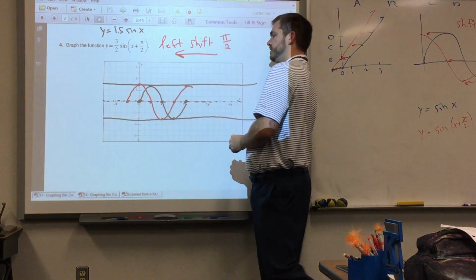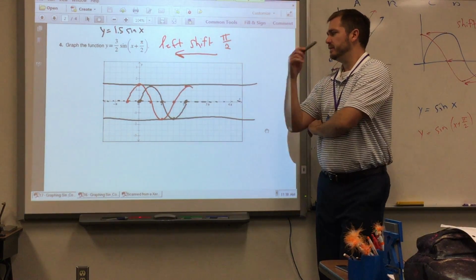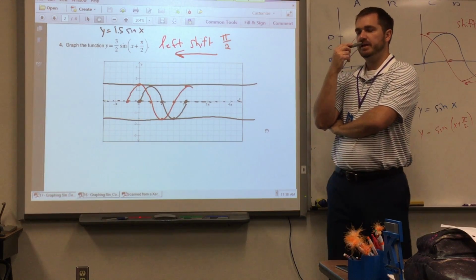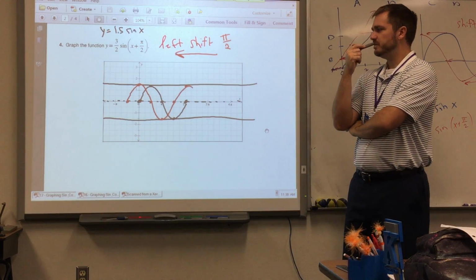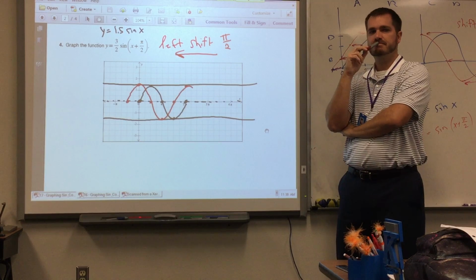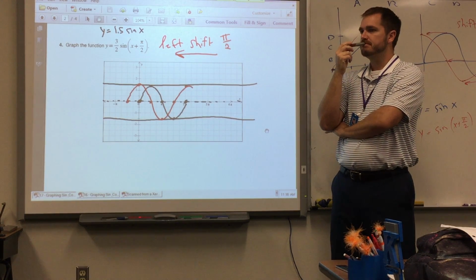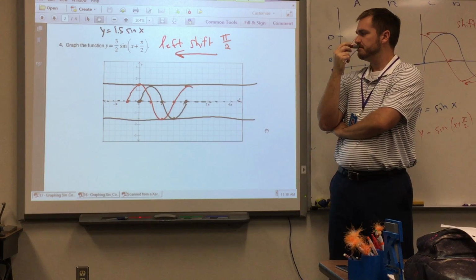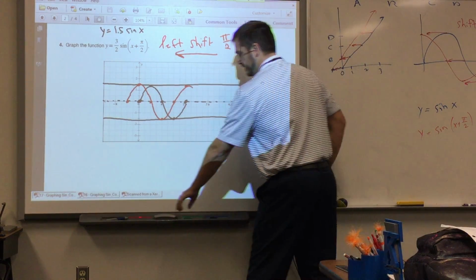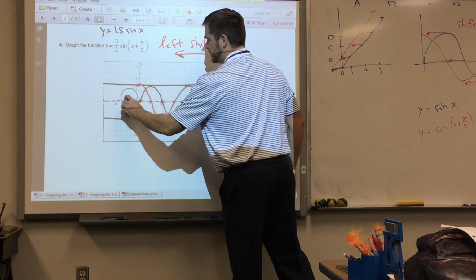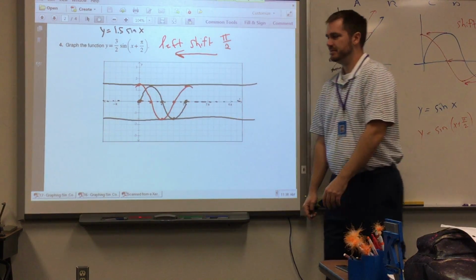So here's something that's kind of neat. What does that red graph look like to y'all that are observant? Cosine. Yeah, it looks like cosine. Notice that?